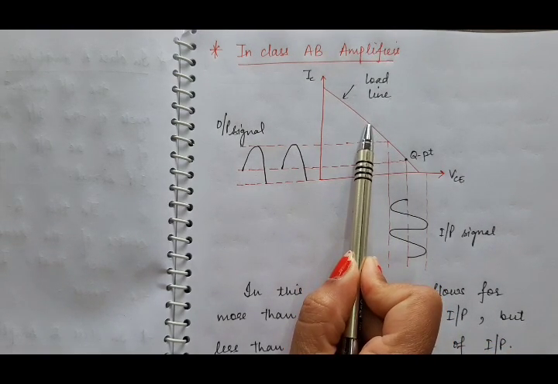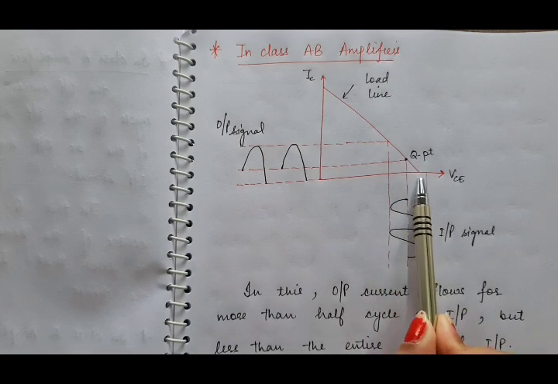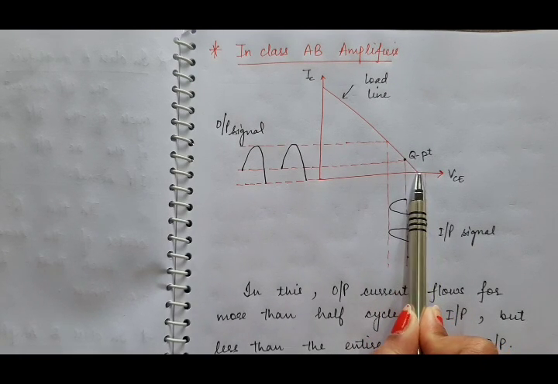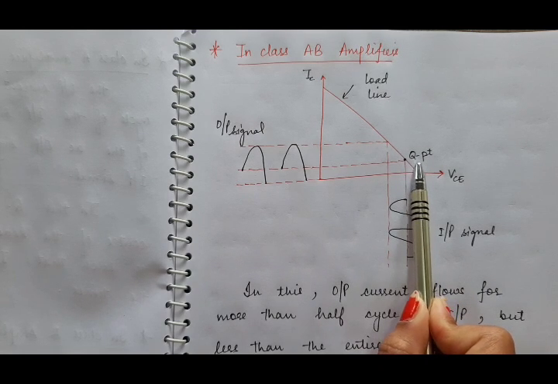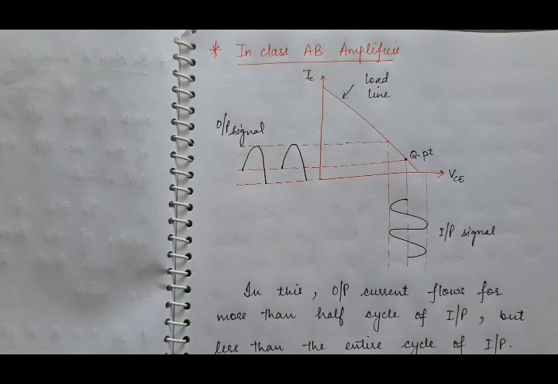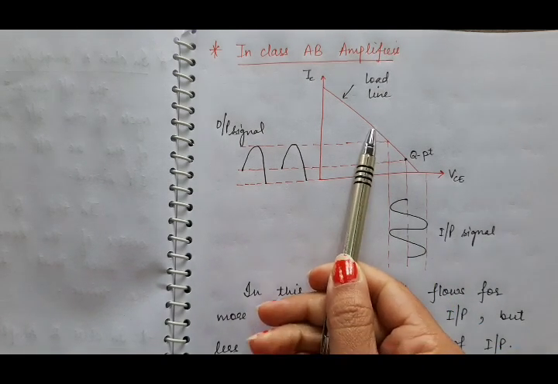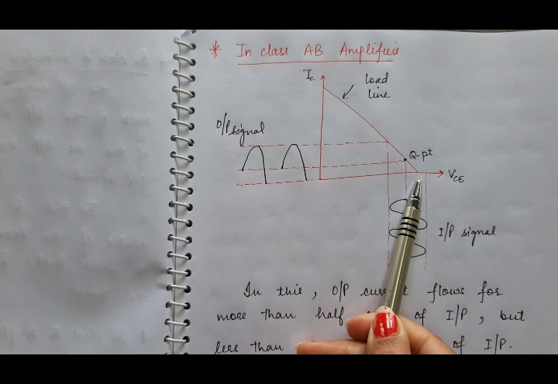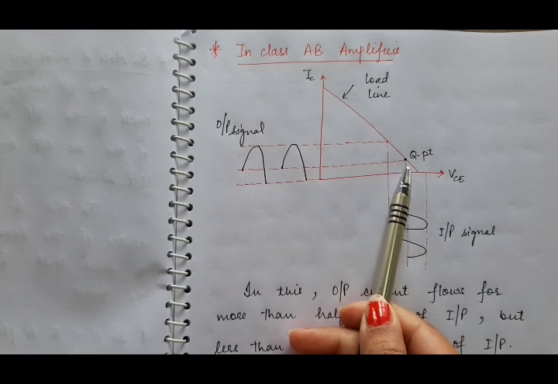And in case of class B amplifier, this Q point was lying at the cutoff on the x-axis. It means in this case, the Q point lies between the Q point of class A amplifier and the Q point of class B amplifier. But it lies near the cutoff region.